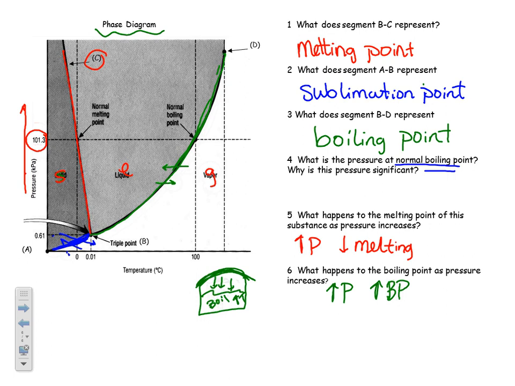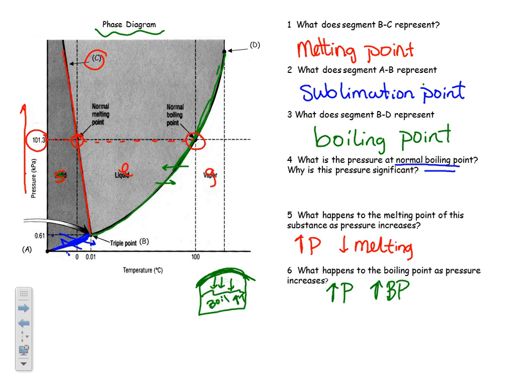So if we follow that across and see where they hit the lines, there is the normal melting point. If we drop that down, for water, that's 0 degrees Celsius. Follow that pressure along to the gas and liquid barrier, and we see that that becomes our normal boiling point at 100 degrees Celsius.